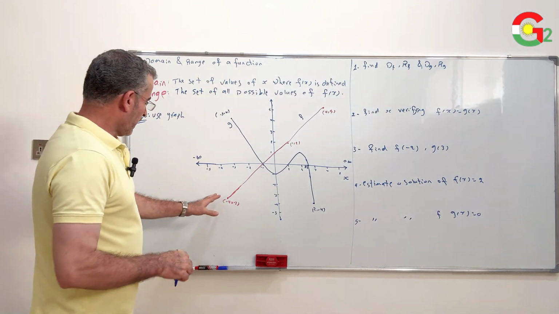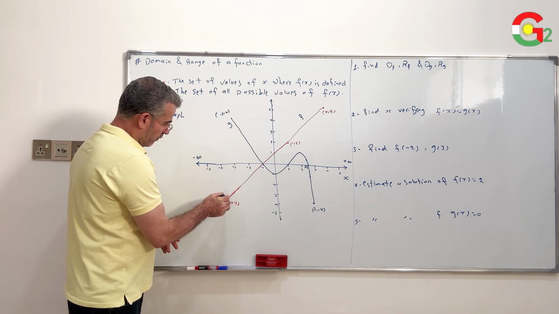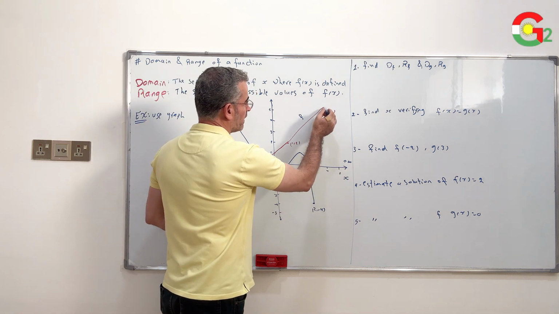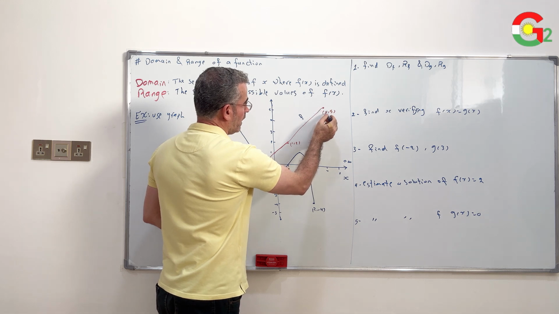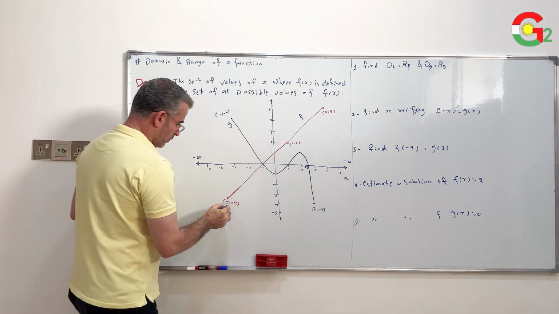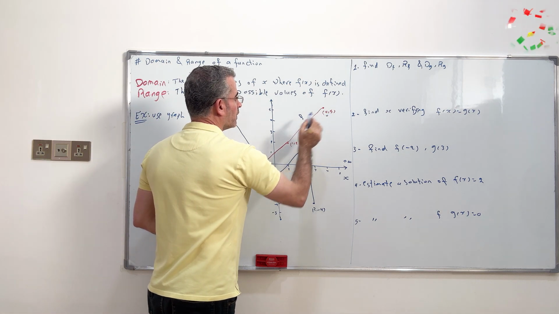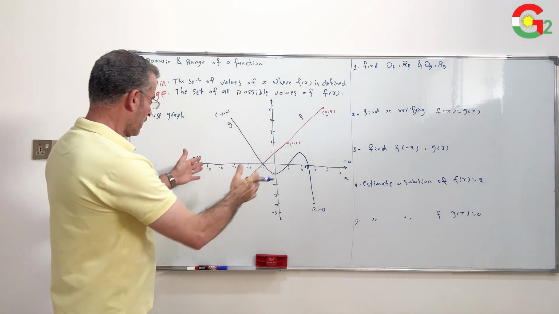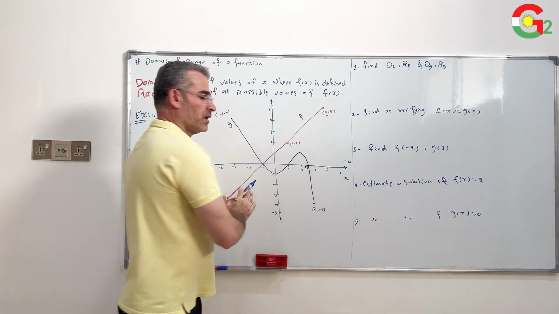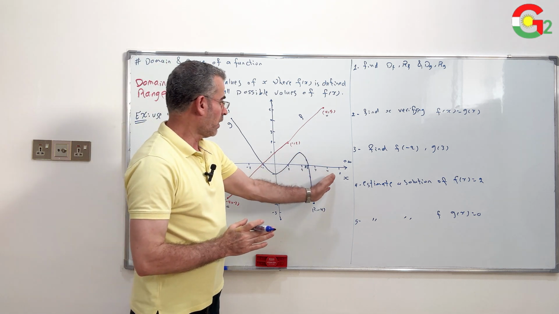The domain of f, as you see, starts from -4 and ends at 4 at this point. The value of x here is -4, and the value of x here is 4. Then the part of the x-axis that covers this line is from -4 up to 4.